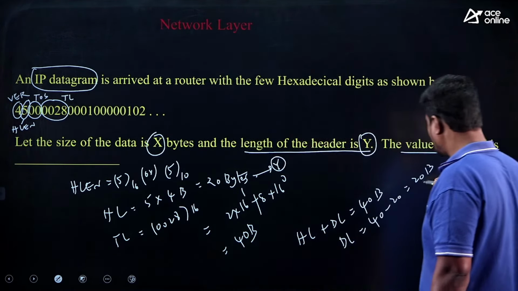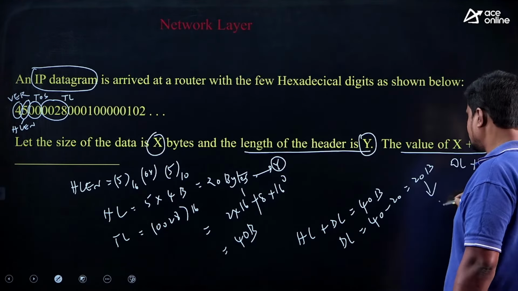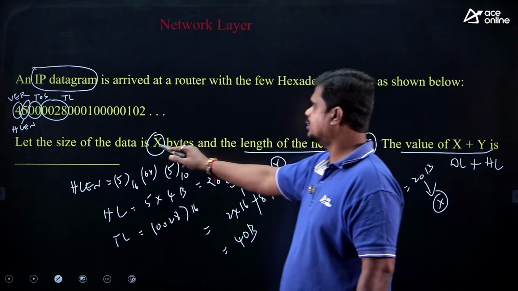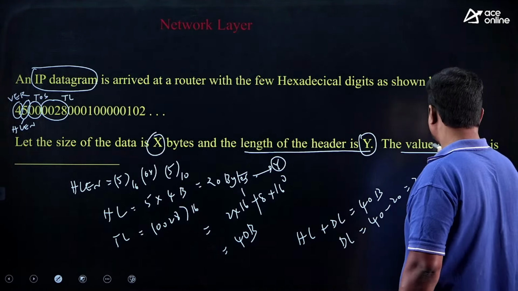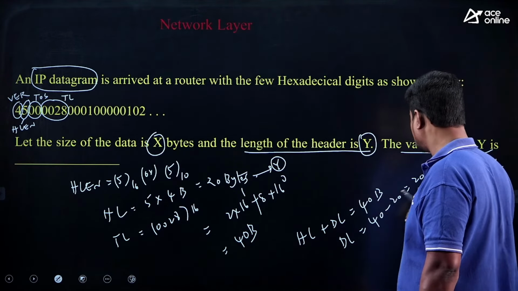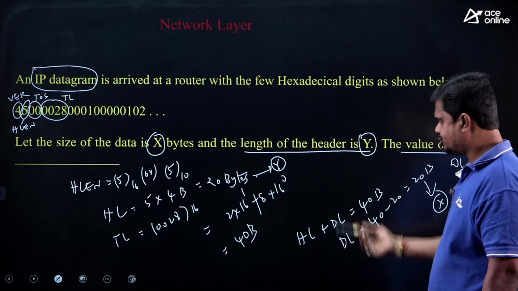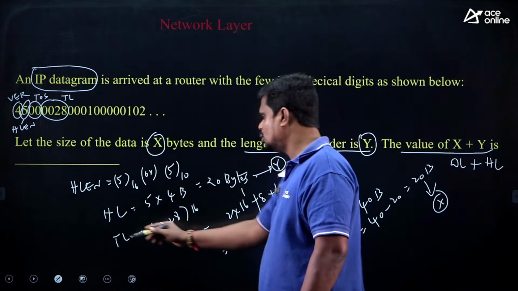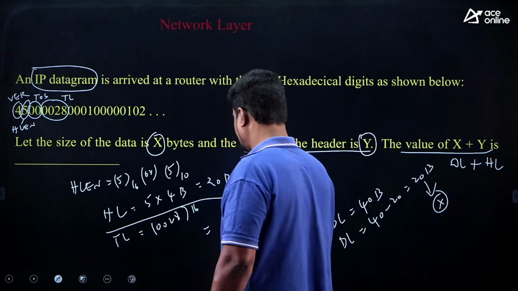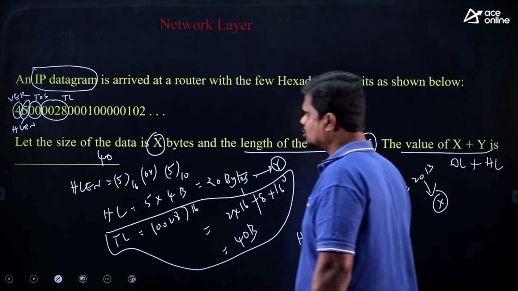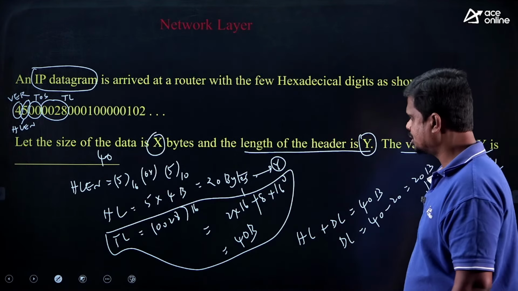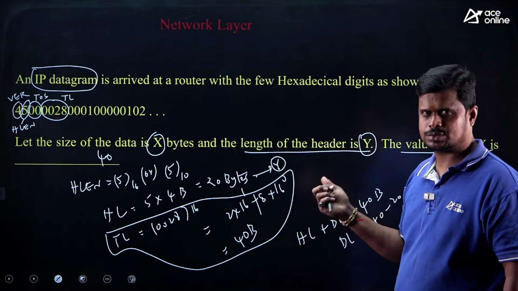The data length is 20 bytes, and this is your x. Then the question is asking about the value of x plus y. x plus y is again 20 plus 20, 40 bytes. It means indirectly it is asking you the total length value. So what is the total length value here? 40 bytes. So 40 bytes is the answer for this question. I hope you are clear with this.